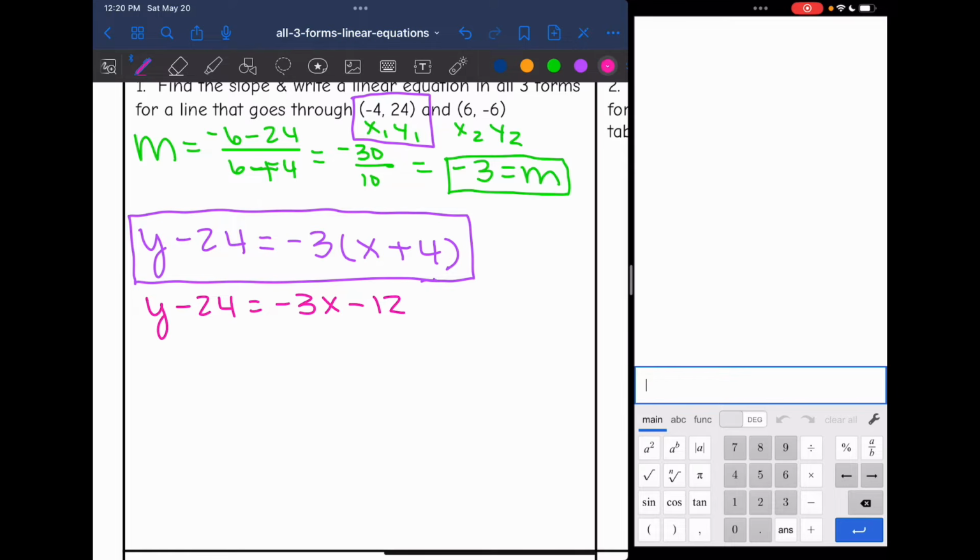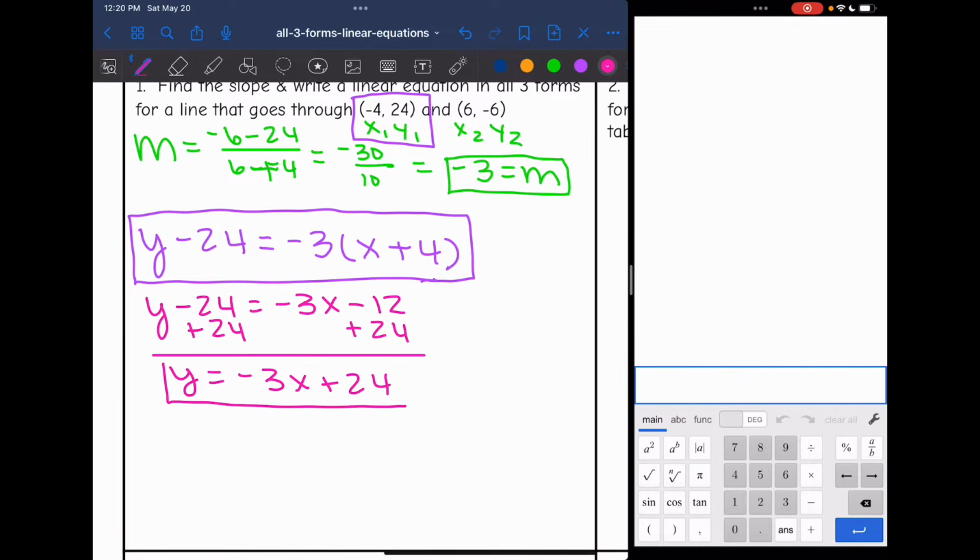And the last thing I need to do to get y by itself is add 24. And I get y equals -3x, and then -12 plus 24 is 24. So there's the equation in slope-intercept form.